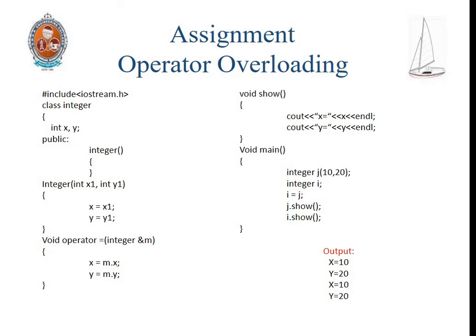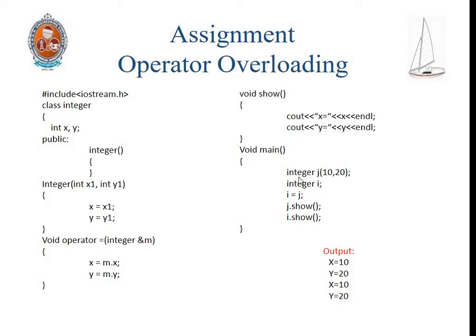In assignment operator overloading, this is the example where I'm just copying the values and displaying them. Here I'm using the assignment operator. So let's start from the main function.